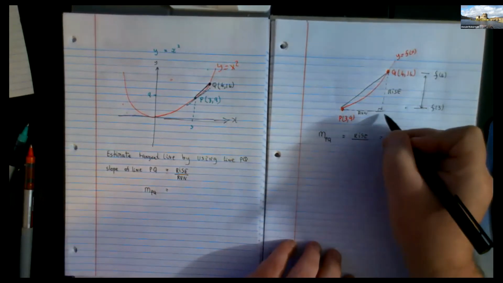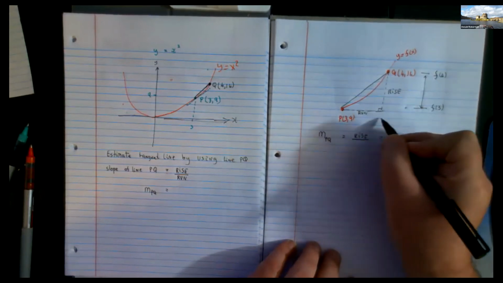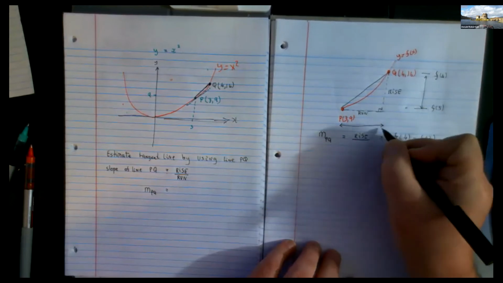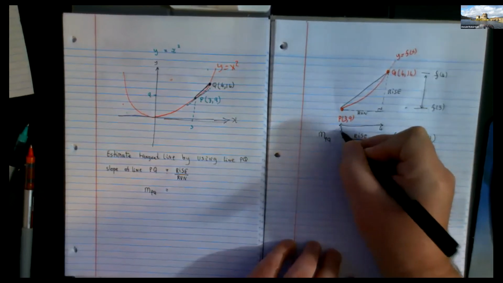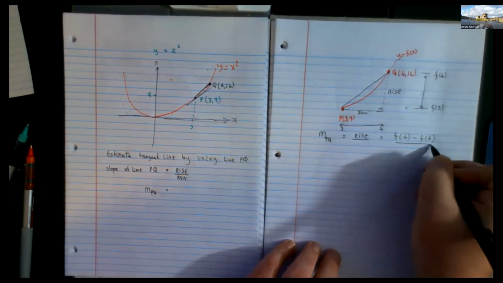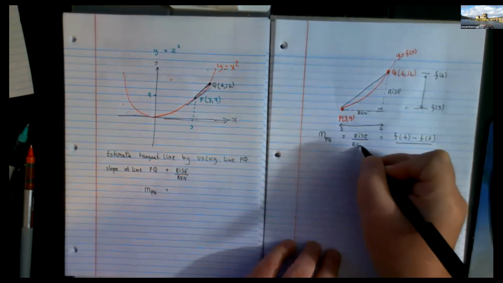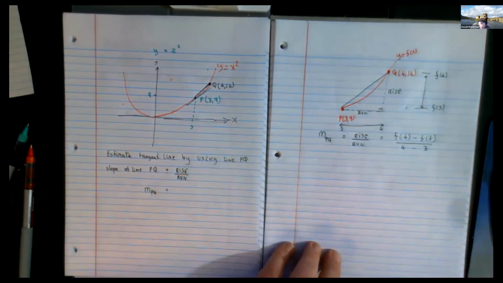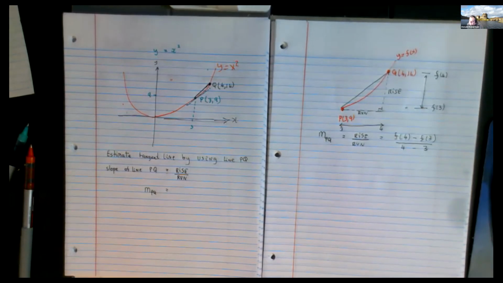And isn't the run basically the distance from here to here? And isn't this guy 4 and isn't this guy 3? So the guy we're calling the run is 4 take away 3. Are we okay so far, so good?